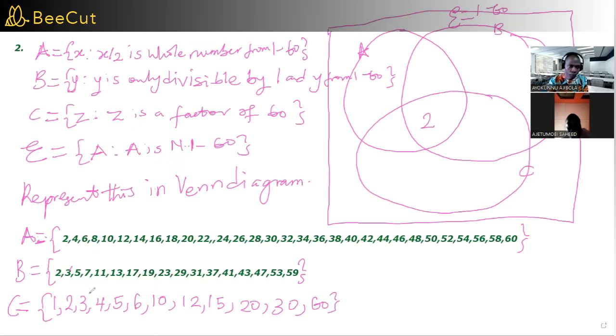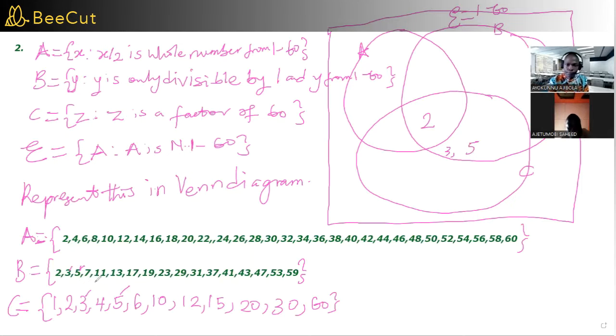This is 3 and this is 3. So in the circle of B and C, I can put 3 here. Then, is there any other thing common that is also in C? I don't think so. There is. Okay, there's 5. So I put 3, 5.